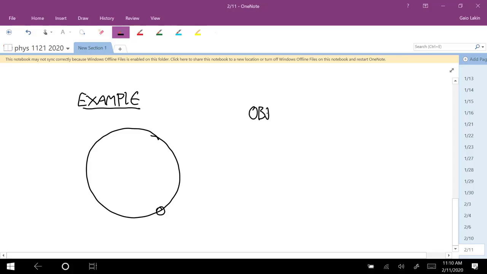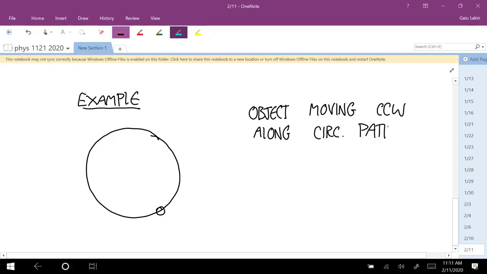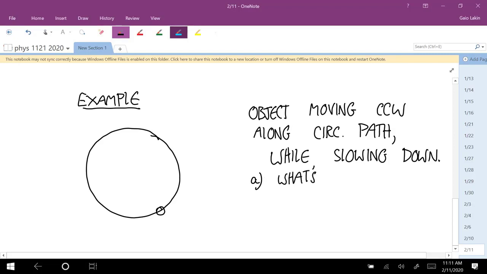So let's say the object is moving counterclockwise along this circular path, while slowing down. So what's the direction of the velocity vector?